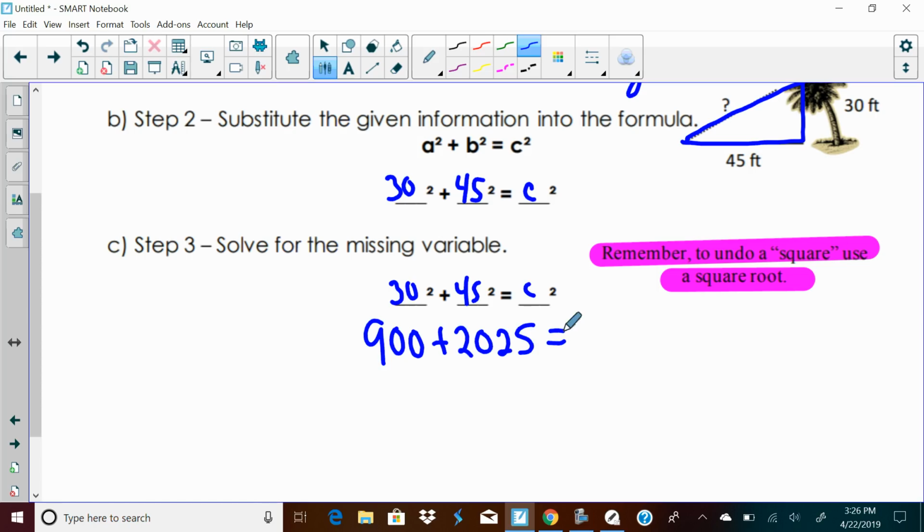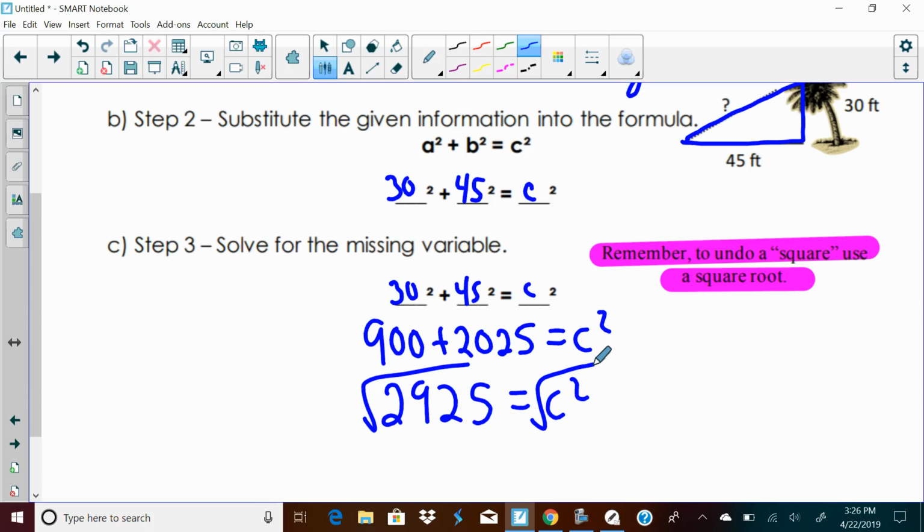When I add those together, that equals c squared. Then I take the square root of both sides and I get about 54.08 feet.